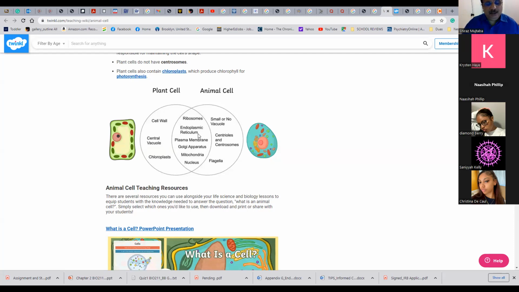The rough endoplasmic reticulum is rough because on its surface there are small ribosomes, which make it appear rough. And this rough endoplasmic reticulum is also involved in the synthesis and processing of proteins, which have different functions.